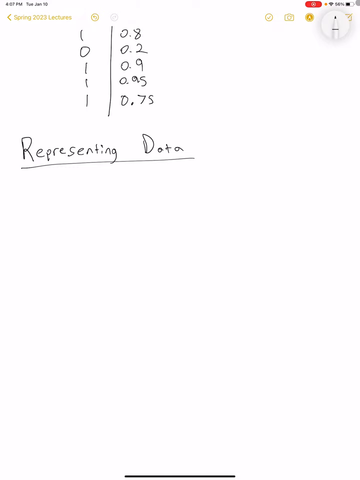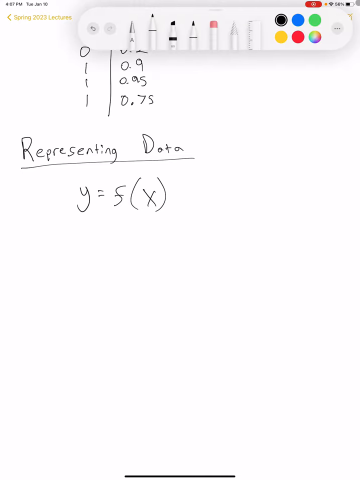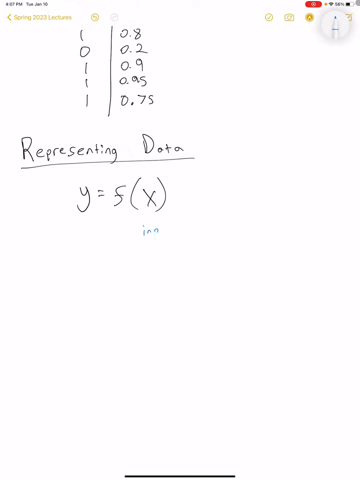In supervised learning, we're learning a function that, given input data, makes a prediction. Input data is represented as X, and output data is represented as y.